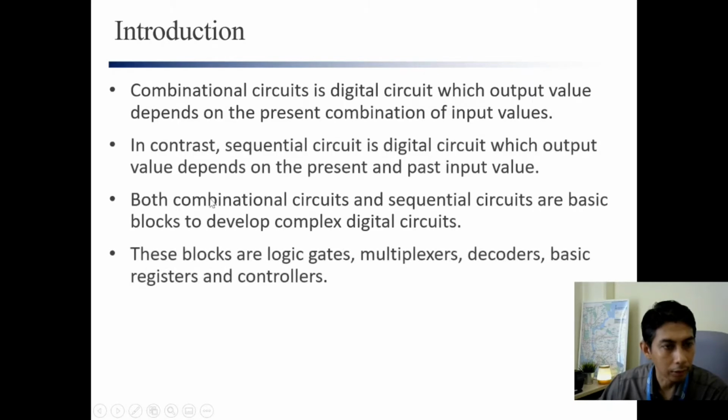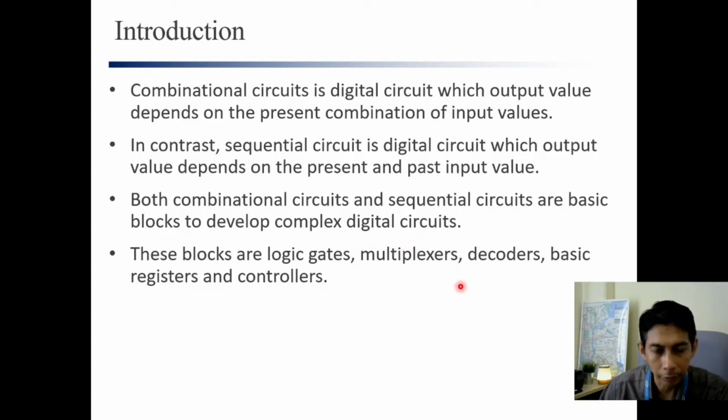So we have learned what a combinational circuit is, a circuit whose output depends on the input, where the output will change immediately whenever any of the inputs change, right?